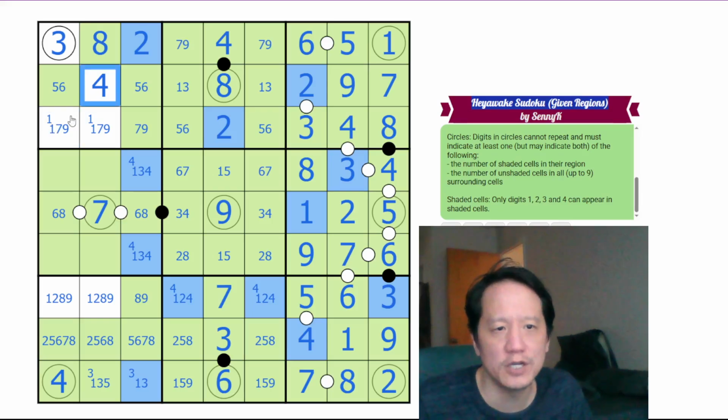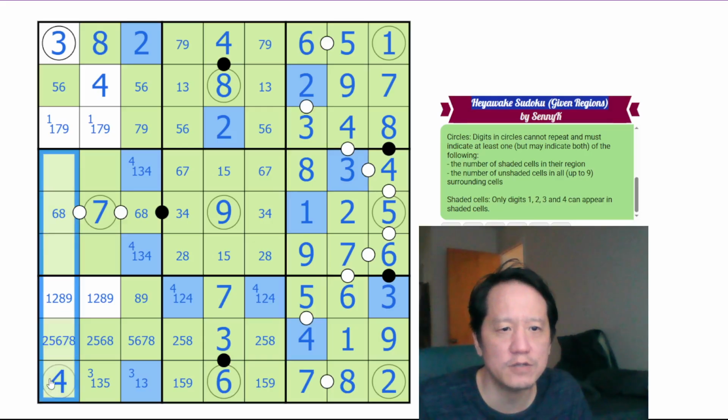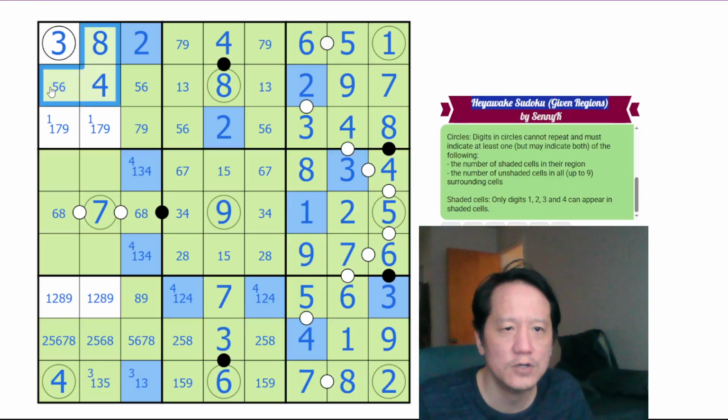This would have to be shaded to match the 3 shaded cells and to block the Heyawake unshaded set. And this would not be orthogonally connected. So this cannot be shaded. It's unshaded. So 3, again, matches the number of unshaded cells or the number of shaded cells. Either way, it matches both. So this is 3 there.